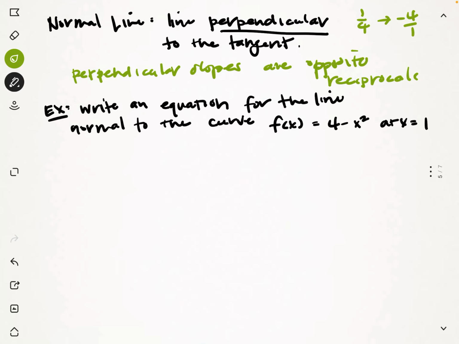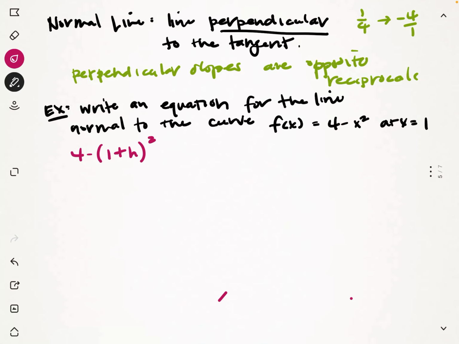All right, so it's asking us, write the equation for the line normal to the curve f of x equals 4 minus x squared at x equals 1. Okay, let's go ahead and do it. So we're going to set this up again. 4 minus x squared at x is 1, so 4 minus 1 plus h squared, right?